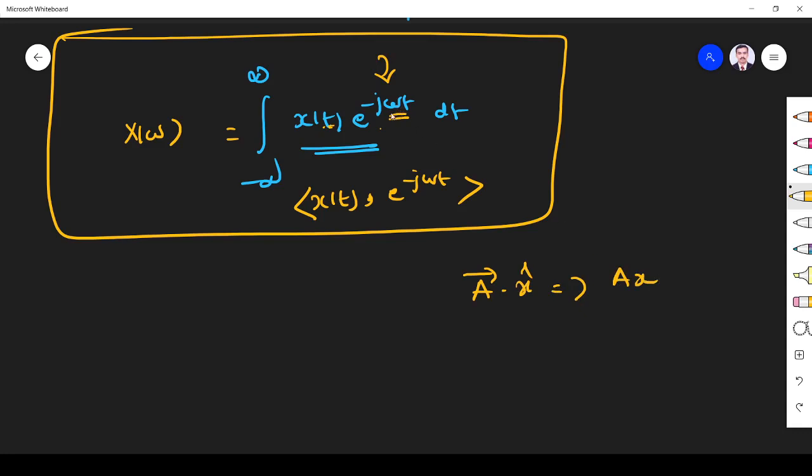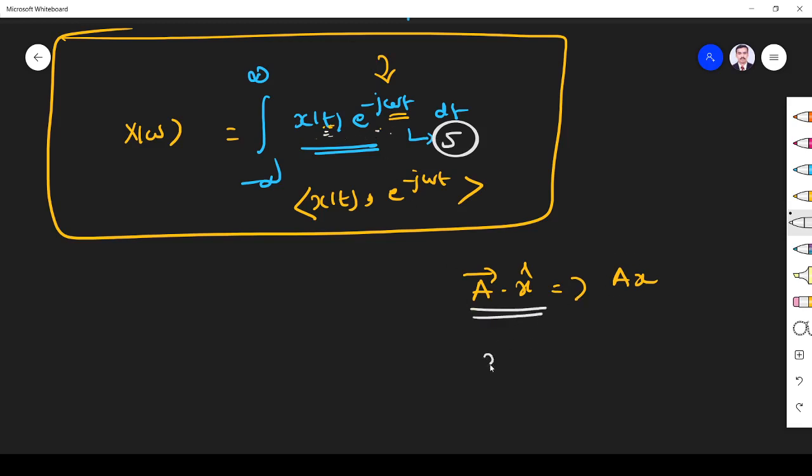Like that, you take t varying from minus infinity to plus infinity. For example, let us assume omega is equal to 5. What will happen if you take a dot product between these two? All the multiplication will become 0 except where omega is equal to 5, because at this frequency only it will match, like our A dot x cap.